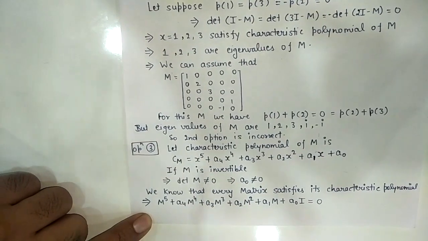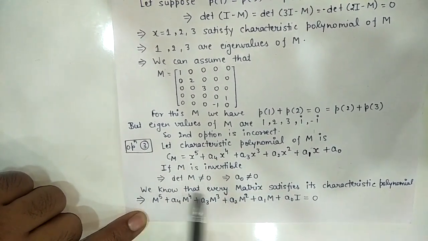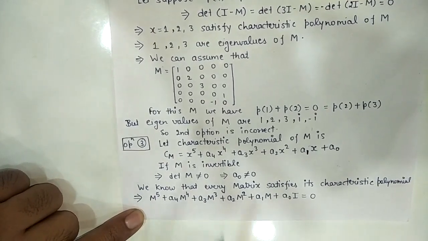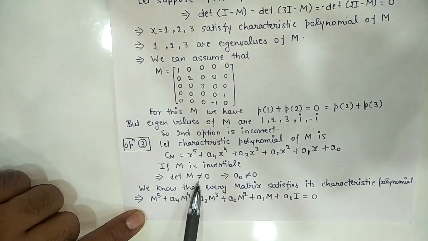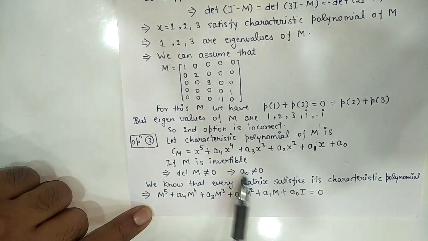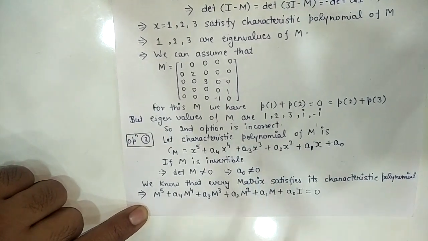Since M is invertible, the determinant of M is not equal to 0, which implies that a naught, the constant term, is not equal to 0.